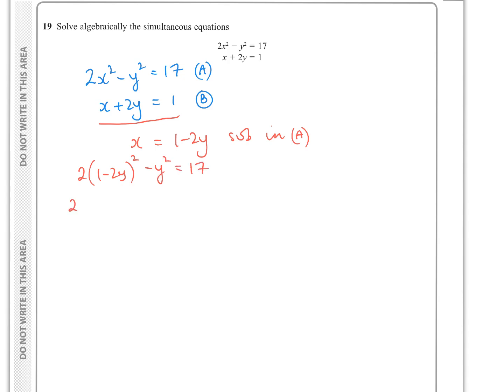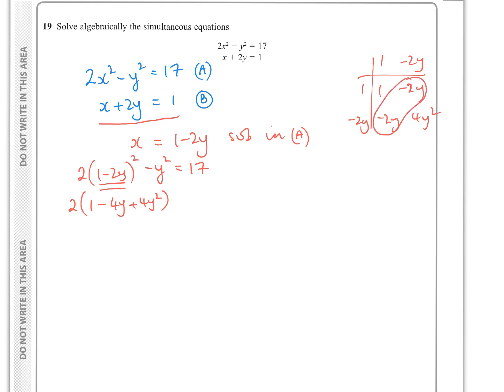I'm now going to multiply this bracket out by itself, so that's 1 minus twice the product, so that's minus 4y plus 4y squared. Of course, if you don't like that, just do a grid. And then you can add these numbers up, and then don't forget, this is what a lot of people forget.